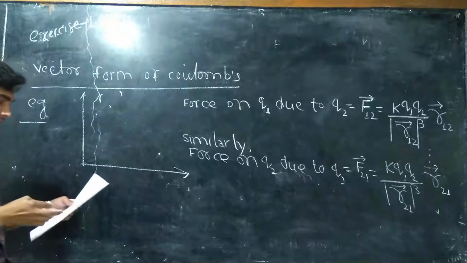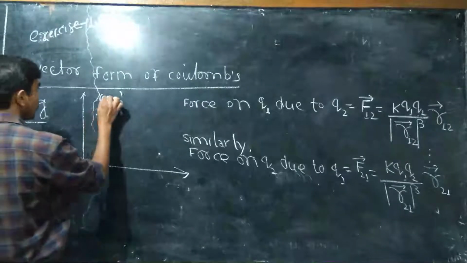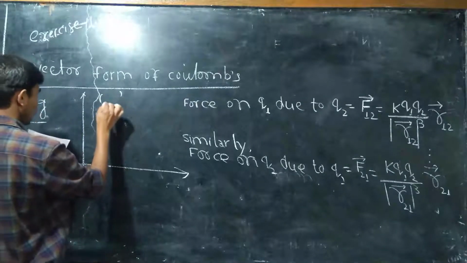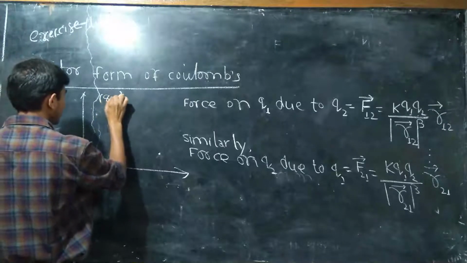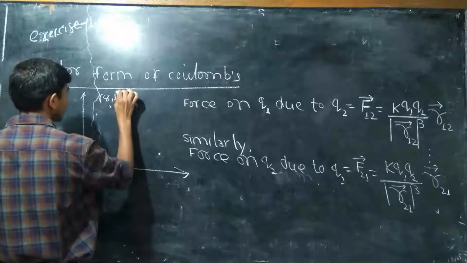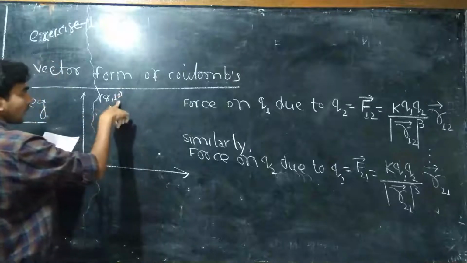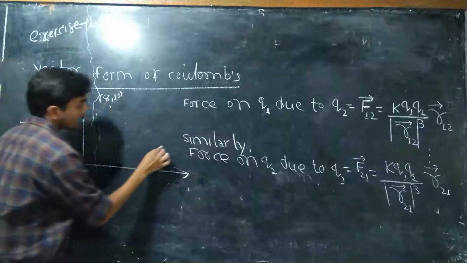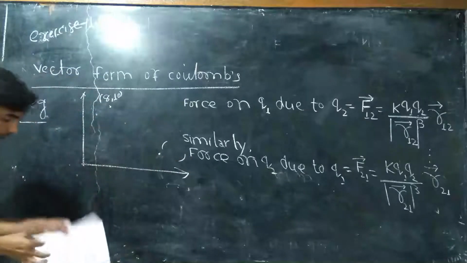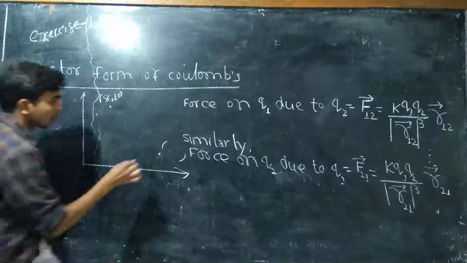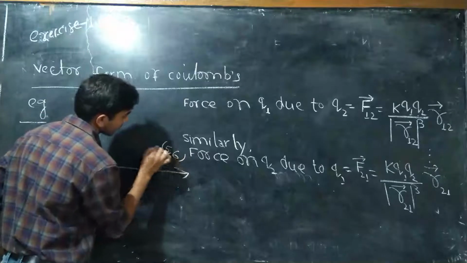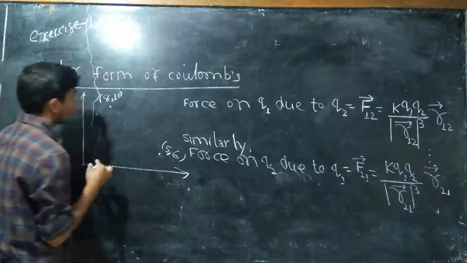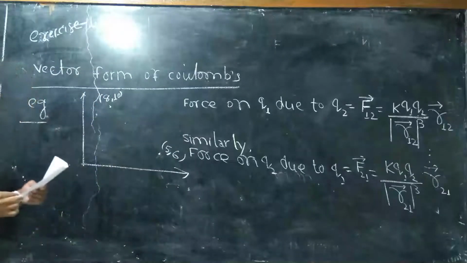What is the coordinate? Now see, suppose position of this point is 8, 10, right? Coordinate of this point is 5, 6, right? And two charges are kept here.